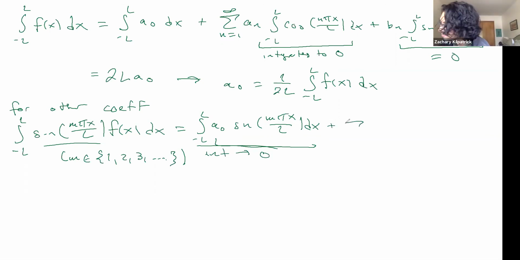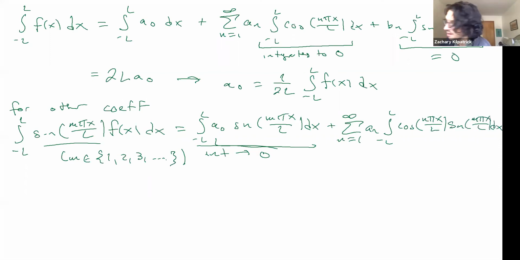This infinite sum now, cosine and sine are always orthogonal to each other, okay? So this is going to integrate to 0.